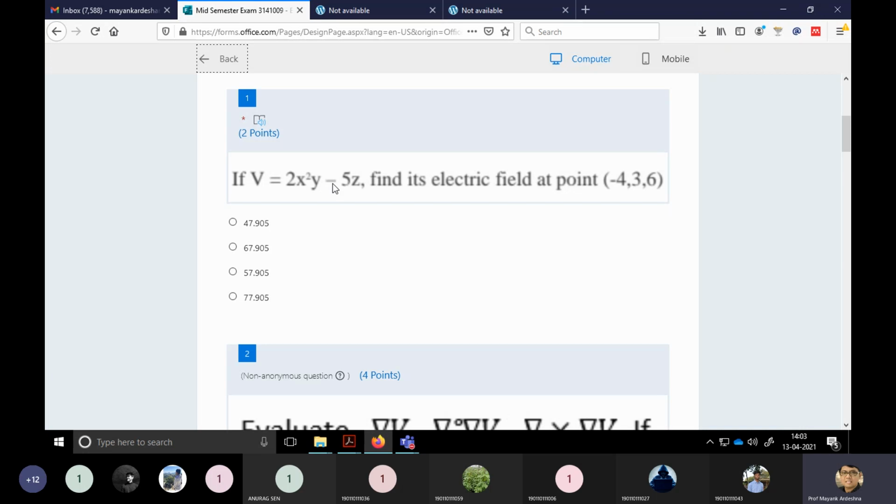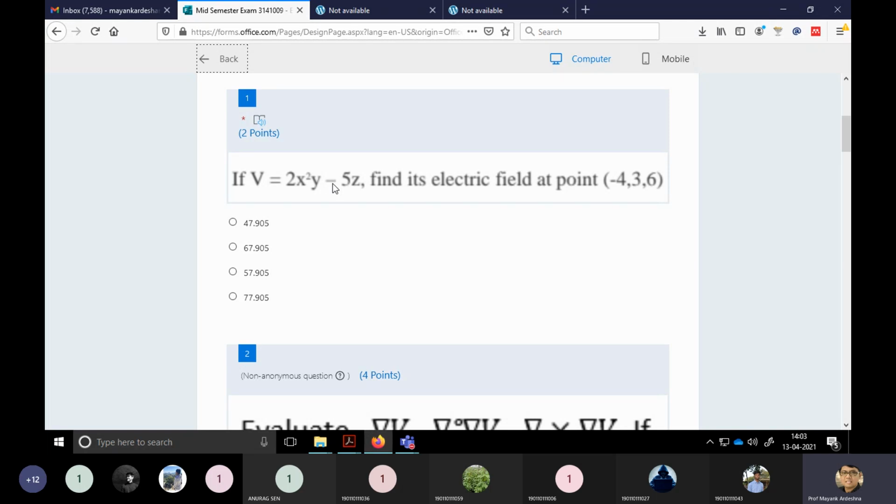Based on this phenomenon, we can find the relation between the potential and the electric field: E is equal to minus del V. The gradient of the potential gives the electric field intensity.